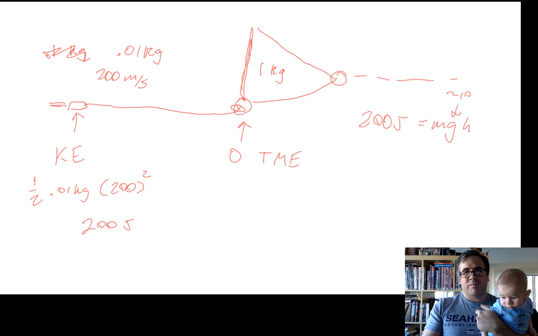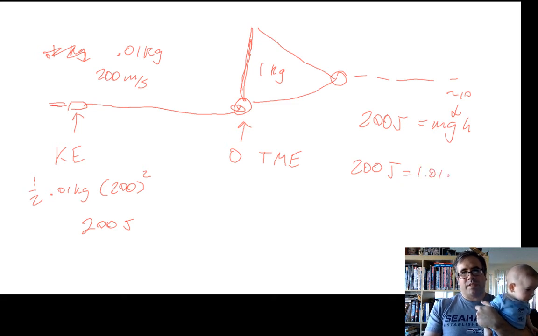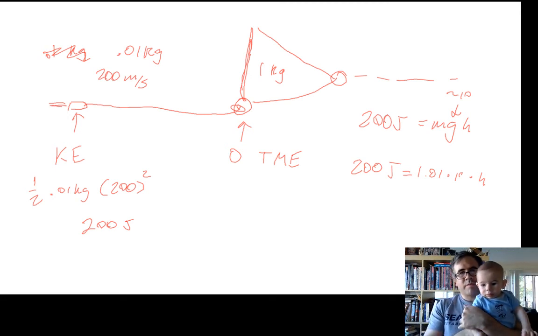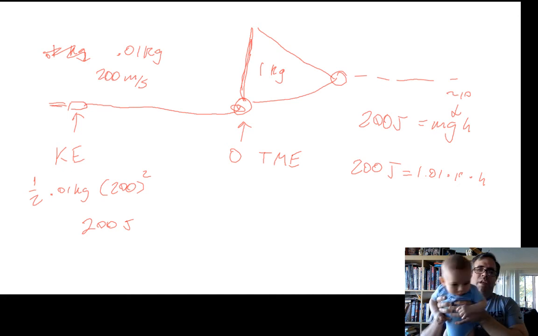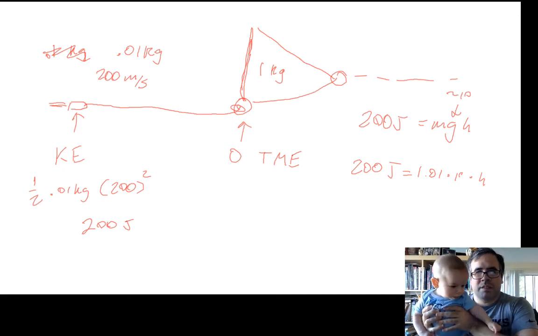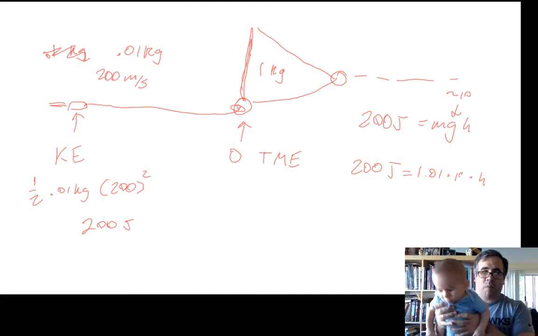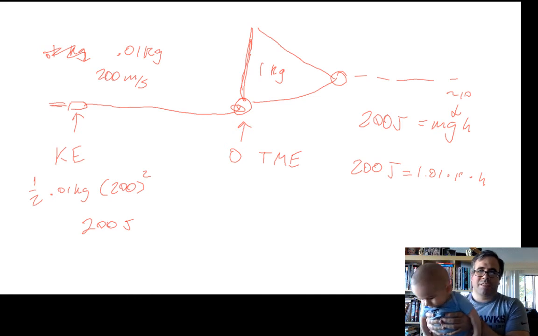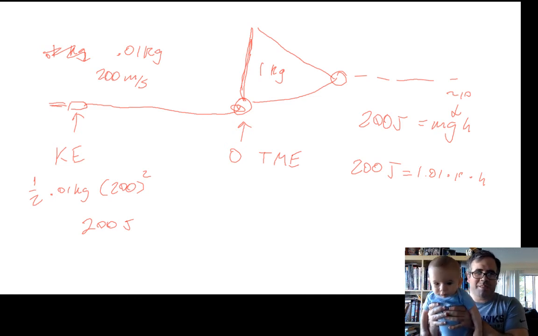So you've got 200 joules equals 1.01 times 10 times h, and a simple division to find out what you got. Does that seem reasonable?